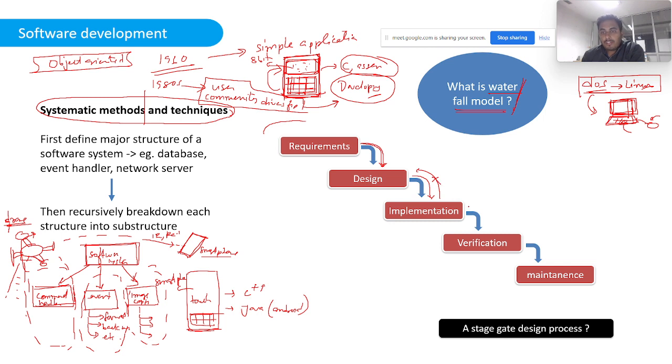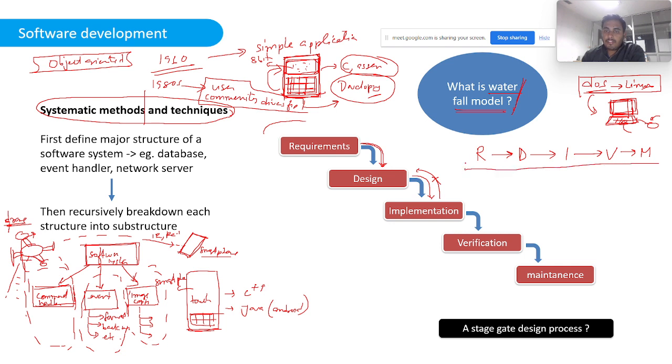That was not actually the intended purpose of this particular process. However, initially the process was a linear process, which is like a requirement stage, then design stage, then implementation stage, verification stage, maintenance stage.